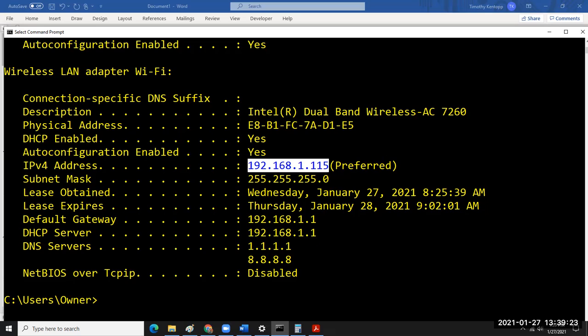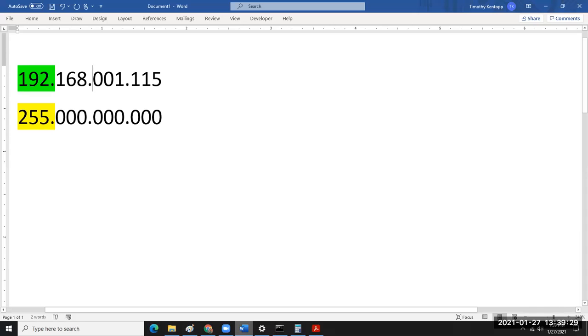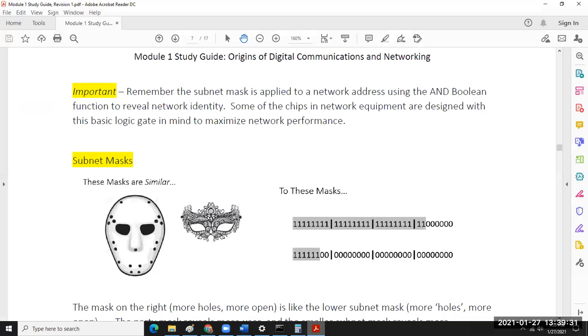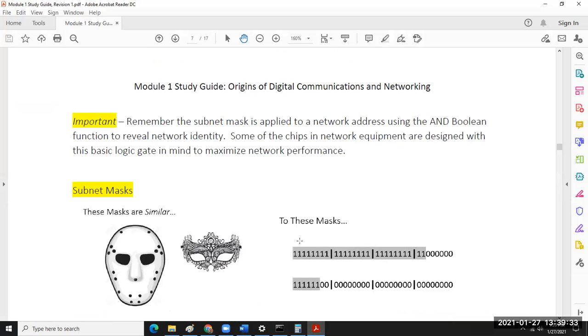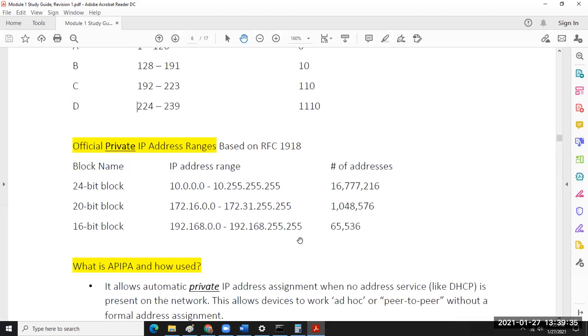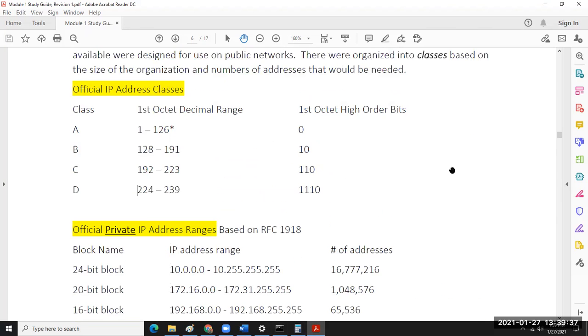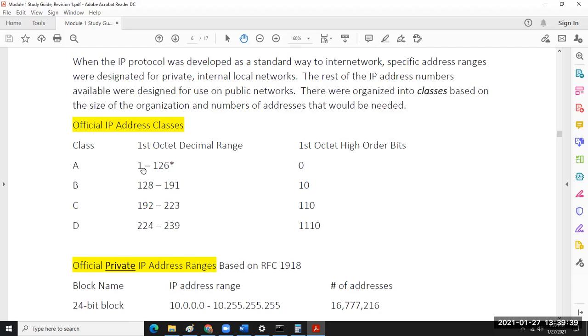But the moment we step out onto the public network, onto the internet, and we use a public network address, then we're screwed. What am I talking about? The first octet for public network addresses can be anything from 1 to 126. What am I saying?